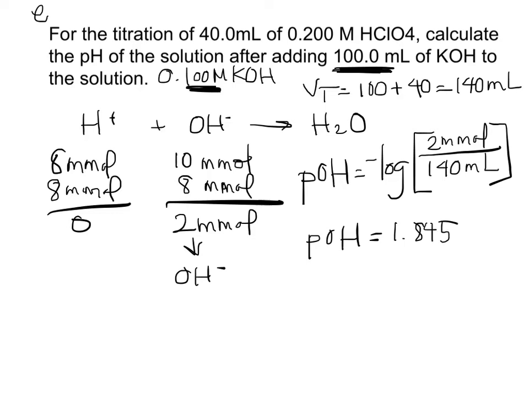I'm going to round to 3 sig figs because it looks like I have 3 sig figs there, there, and there. So pOH is 1.845. Then my pH is going to be 14 minus 1.845, which is 12.155. Okay, so those are calculations along a titration curve with a strong acid and a strong base.